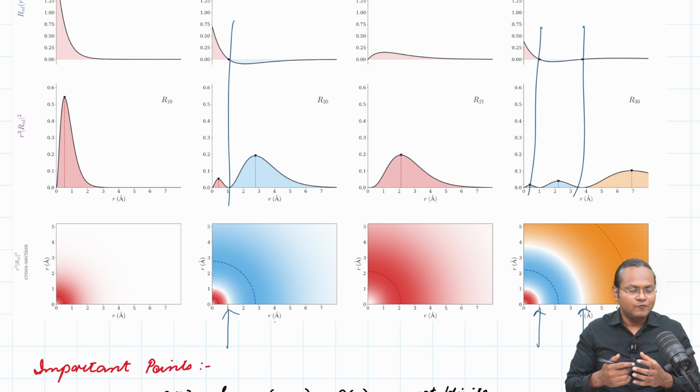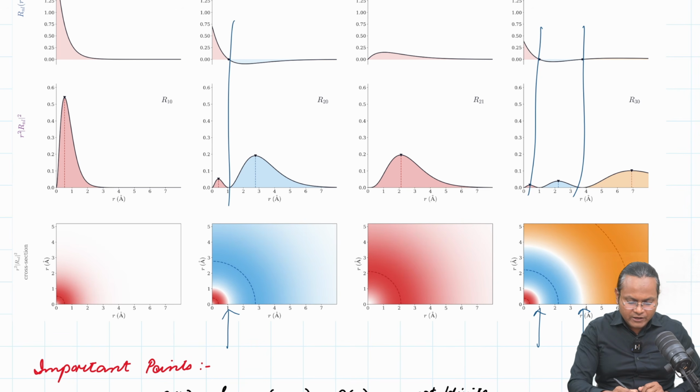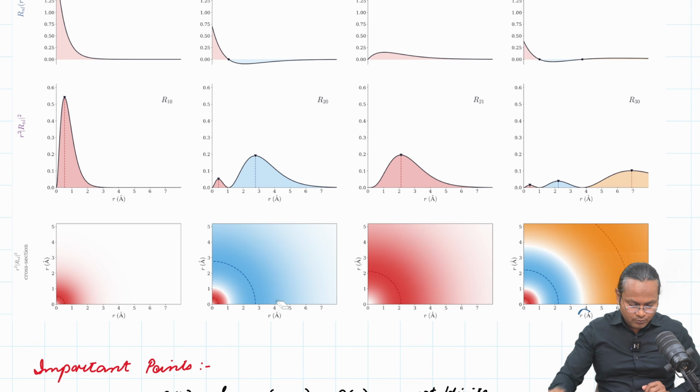And therefore the radial solutions effectively end up creating a shell-like structure with increasing value of n. So as n increases, you end up getting, not exactly, but effectively, more and more shells of probability clouds. Now, coming to probability clouds, the second row here represents probability.